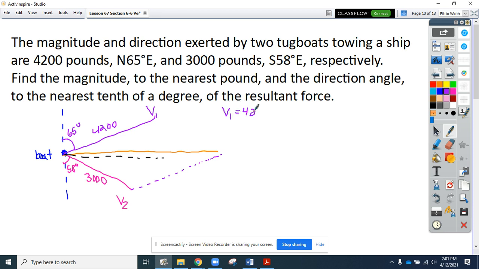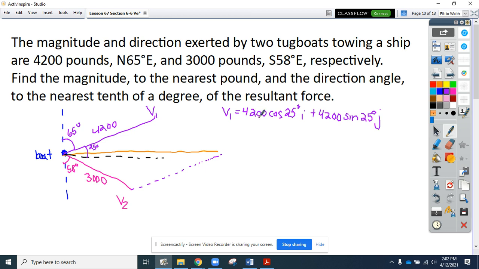So the magnitude times the cosine of the angle. Now, it's not 65. It's this angle. So that's where in your book they were subtracting. So 90 minus 65 is the 25 degrees. So cosine of 25, that's my I component. And 4,200 sine of 25 is my J component.